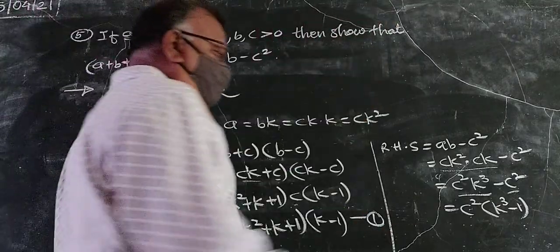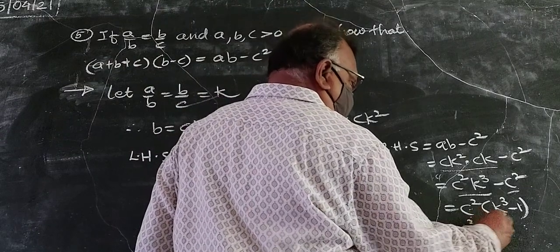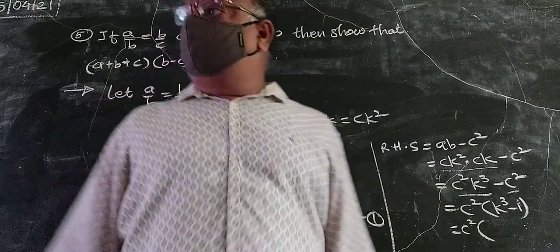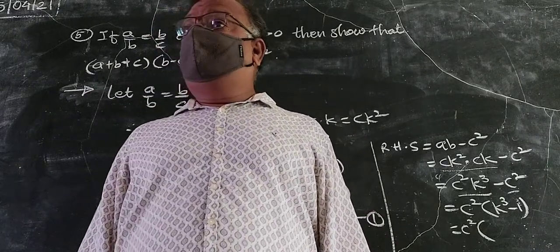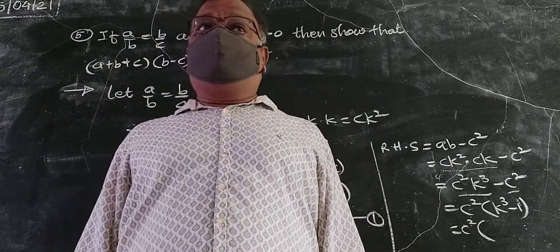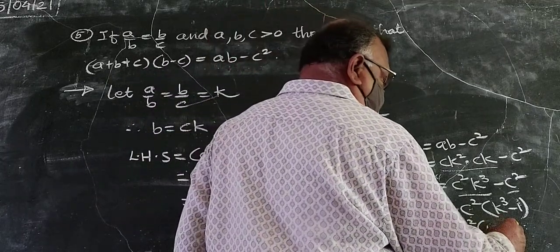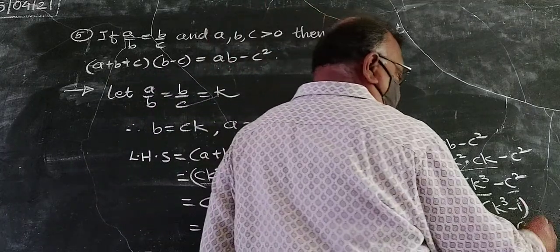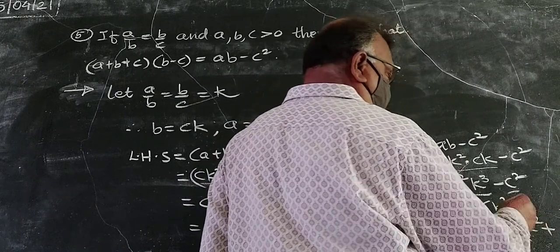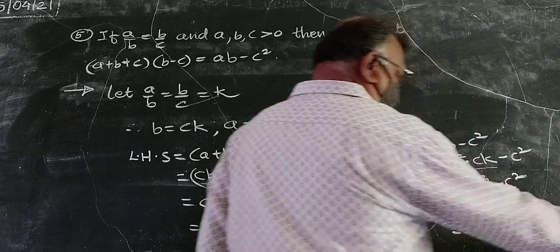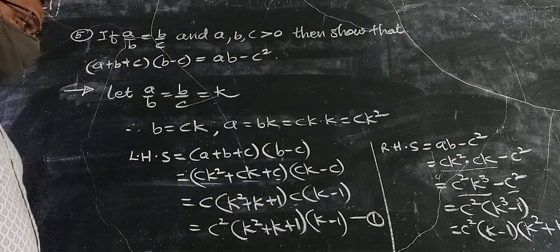This is C square as it is. K cube minus 1 cube. In standard 8 we studied that K cube minus 1 cube is K minus 1 into K square plus K into 1 plus 1. So this is what the identity is all about.